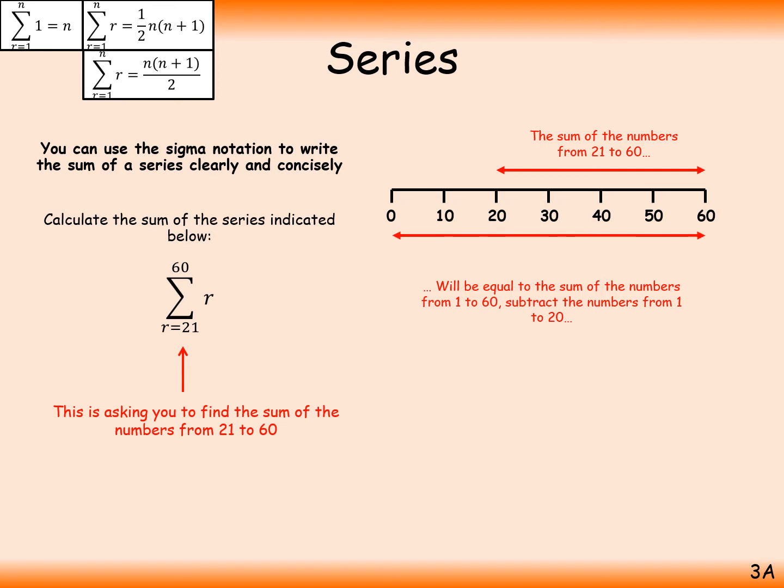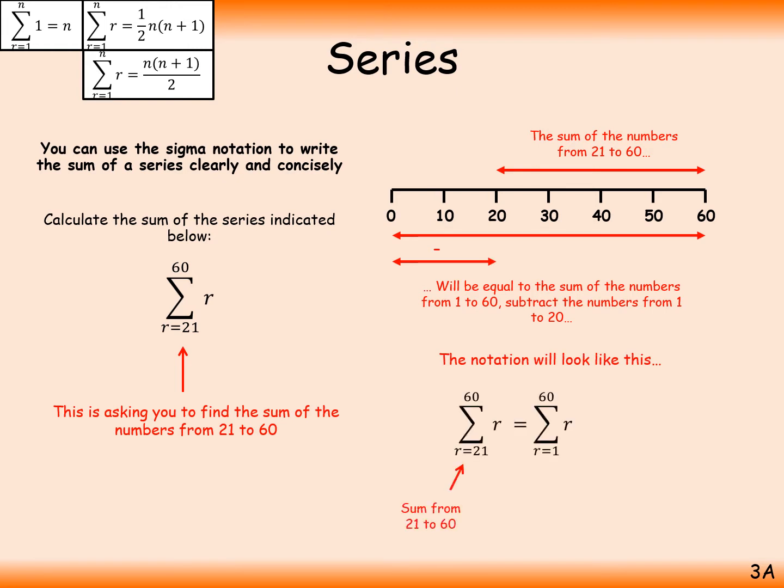So we could write this as sigma r from r equal to 1 up to 60, minus sigma r from r equal to 1 up to 20. This is another quick way of dealing with this.